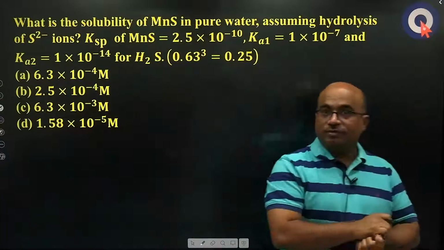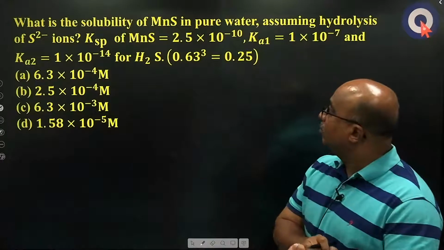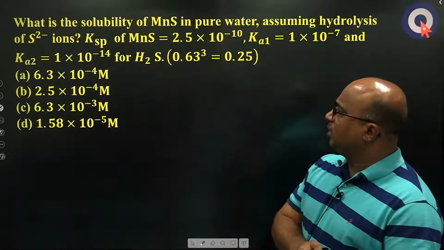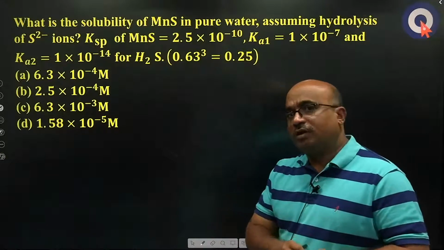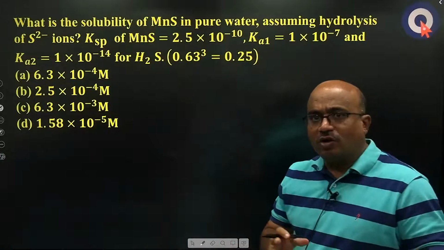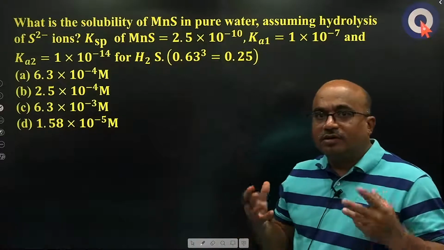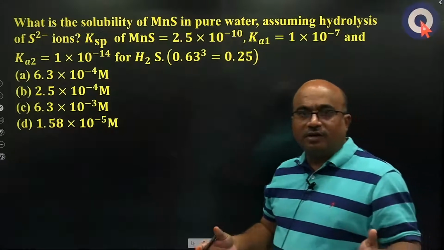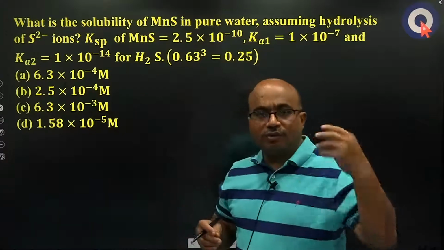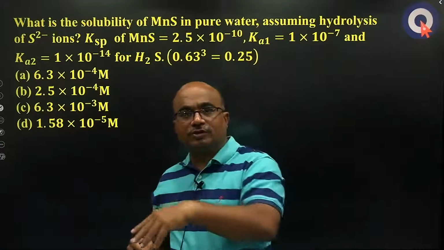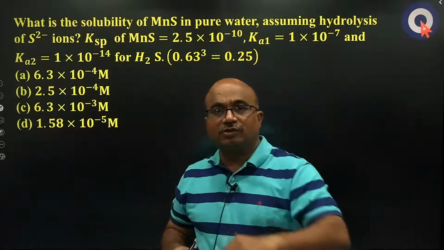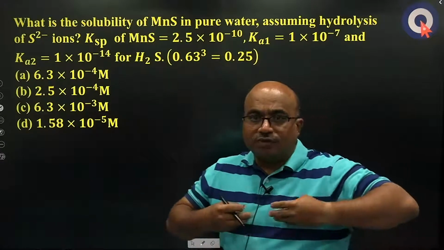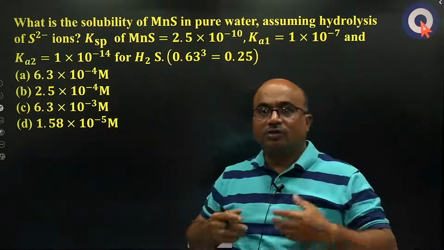Let us see the last one now. The solubility of MnS in pure water, assuming there is sulfide ion hydrolysis. When the solubility of a compound is affected by the common ion effect, its solubility decreases, and it is also affected by complex formation. When complexation takes place, its solubility will increase, because the ions transform into complexes.